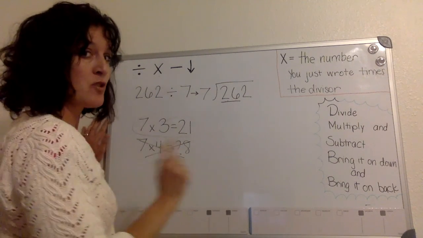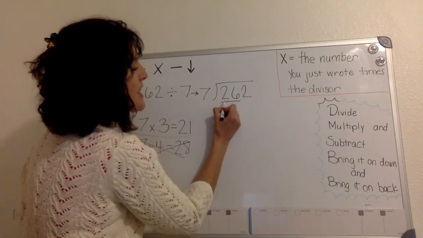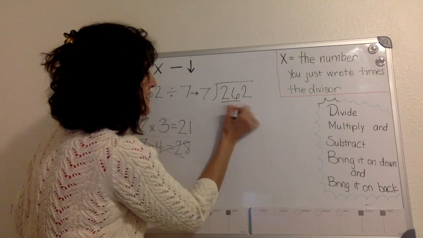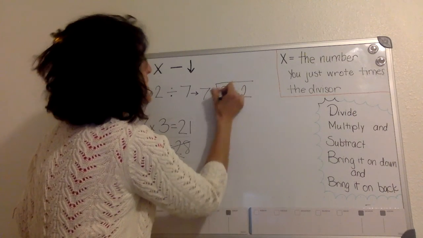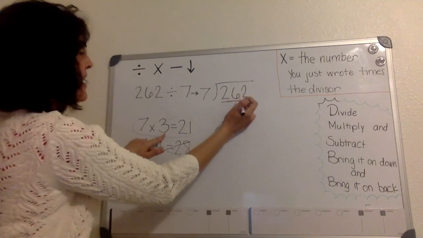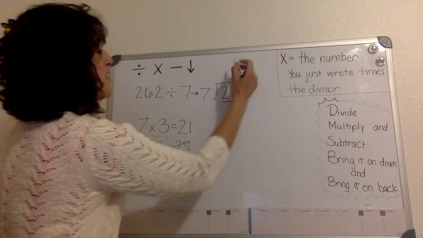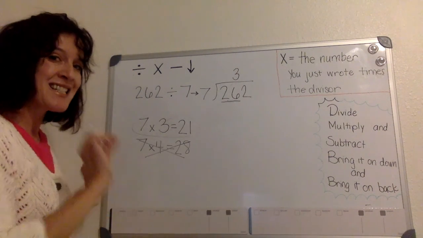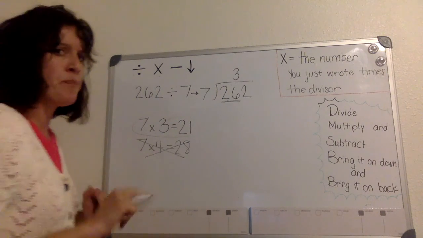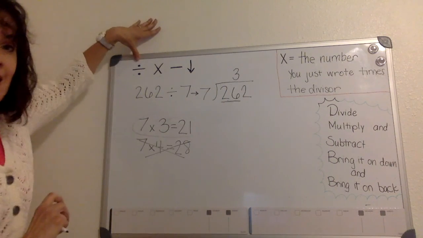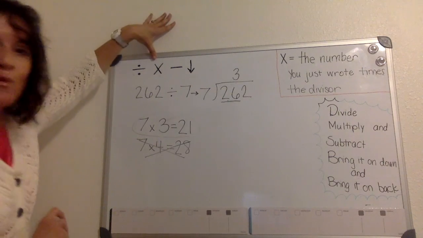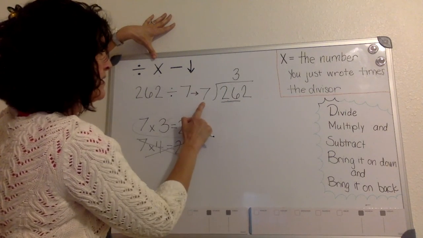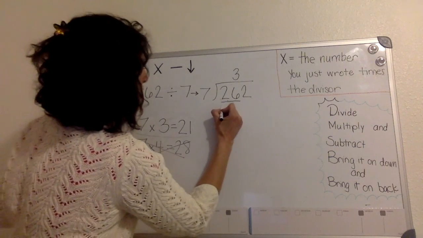Okay, now here's the other trick. Because we skipped that 2 in the beginning and we went on to our 26, my 3 goes above the 6. That is a little bit different than what we've been doing. Okay, we just divided. It's time to multiply. 3 times 7 is 21.